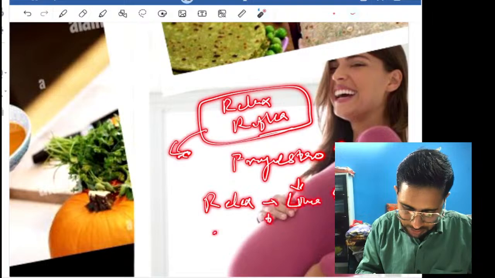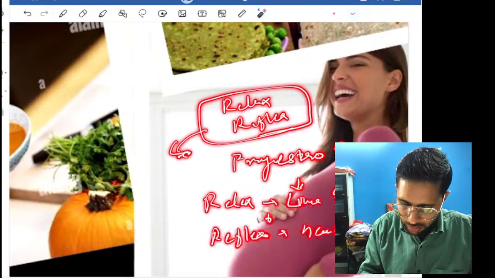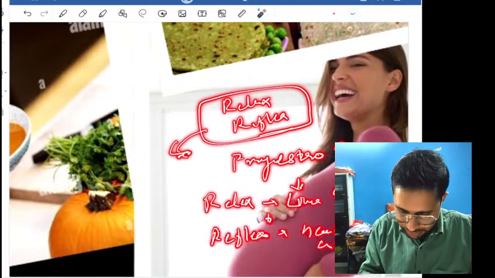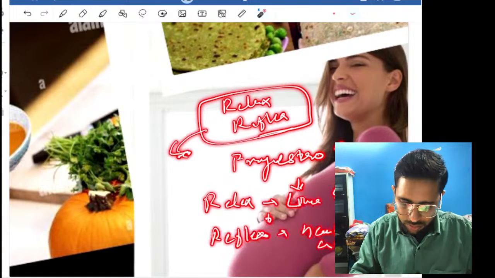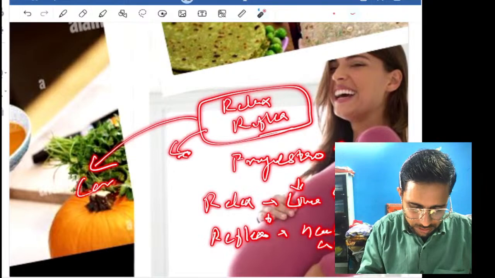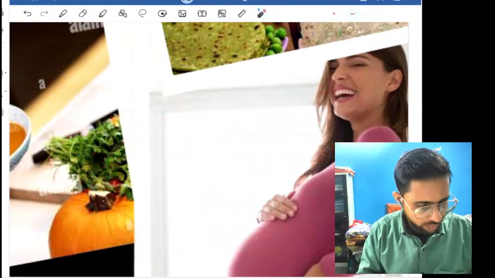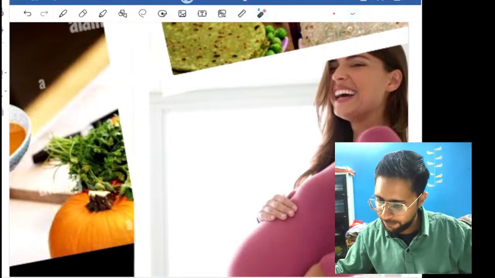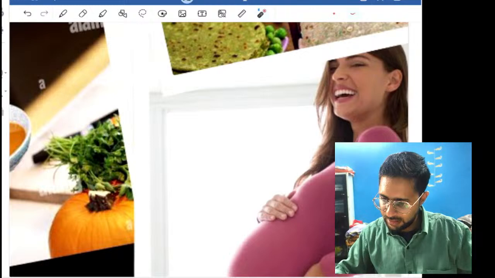It causes the reflex, meaning the heartburn, or you can say GERD. So in this way you can understand relax and reflex by the progesterone. And another one is the constipation and the hemorrhoid, so we tell the woman to eat more fiber. Very good answer. So in this way we have revised the things.